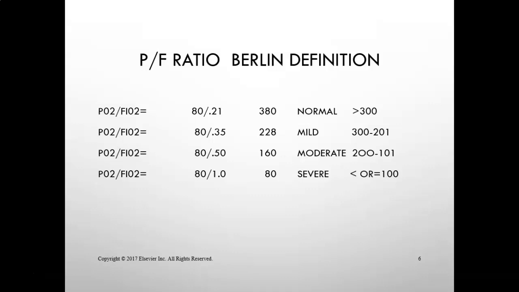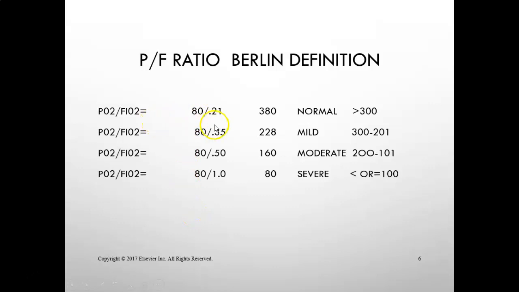So as you see here, the FiO2 is changing, and these are different FiO2s: room air, 35%, 50%, and 100%. Here's the patient's arterial blood oxygen, the PaO2 of 80. Is 80 normal? Yes, right? 80 to 100 is considered normal.